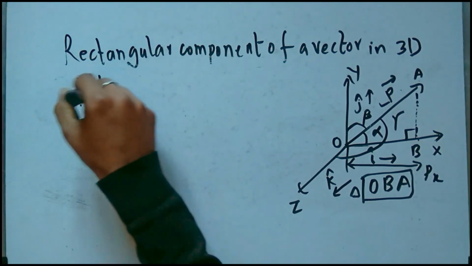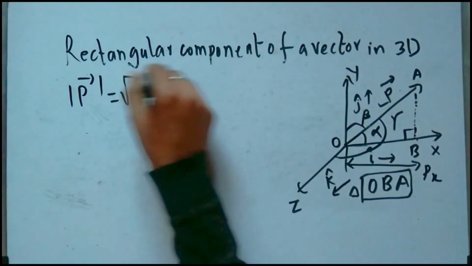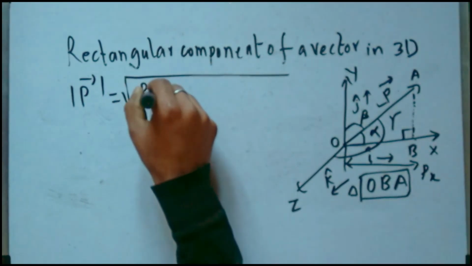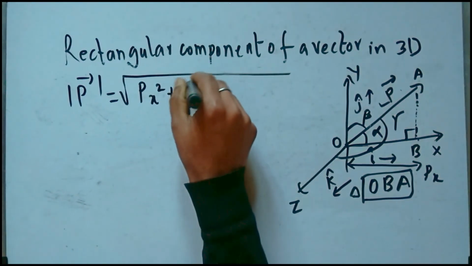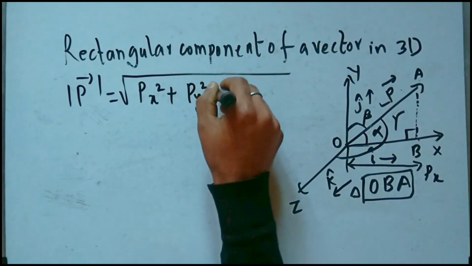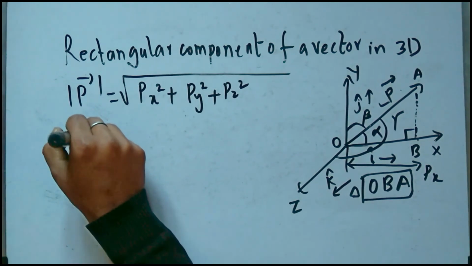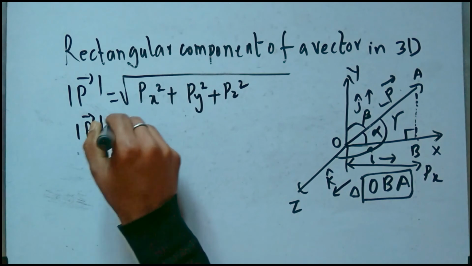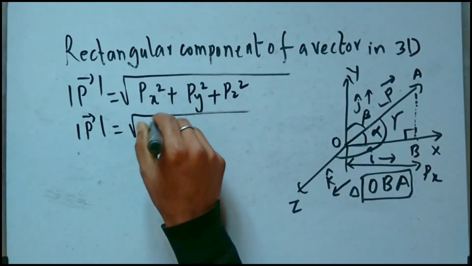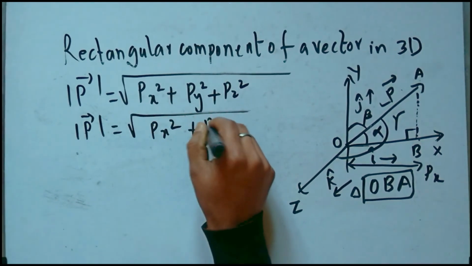The magnitude of vector P can be written as root under Px square plus Py square plus Pz square, or in two-dimensional coordinate system it can be written as root under Px square plus Py square.